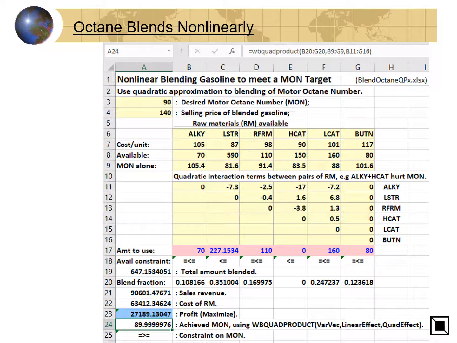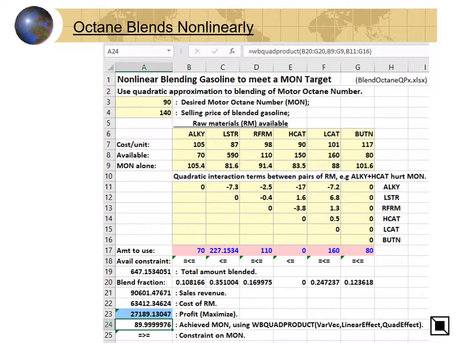It says we should use 70 units of the alkylate, 80 units of the butane, and not use any of the heavy cat-cracked material, which is not surprising since it interacts very negatively with the alkylate, and also somewhat negatively with reformate.